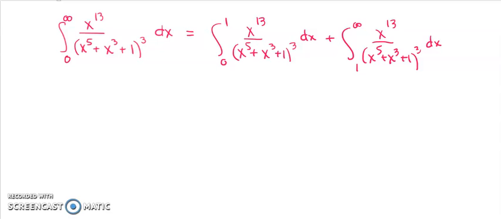So there's a difference between values between 0 and 1 and values greater than 1. So I'm going to look at each piece. What do I know about the first piece? I'm just going to bound it.